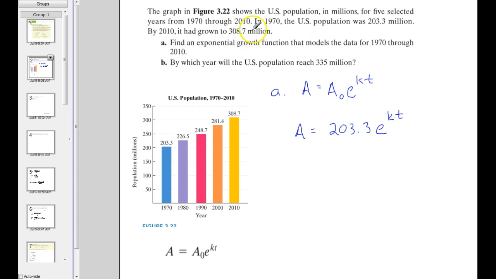Well, that's where this other piece of information comes in. 2010, how much farther is that after 1970? That's 40 years later. So when t is 40, A is equal to 308.7.